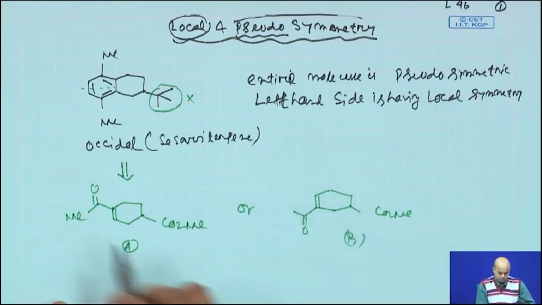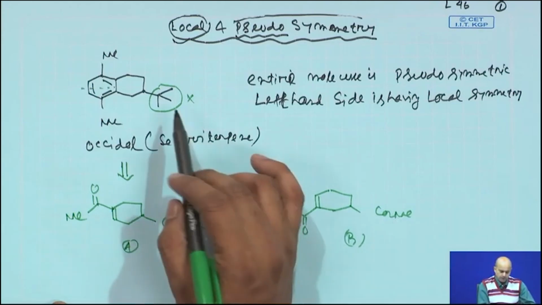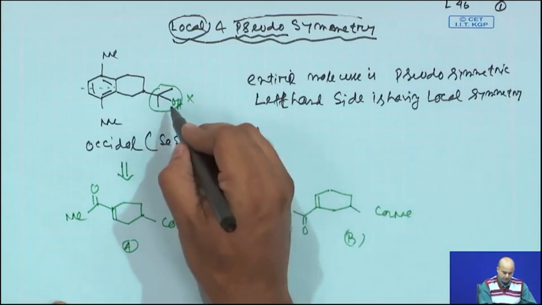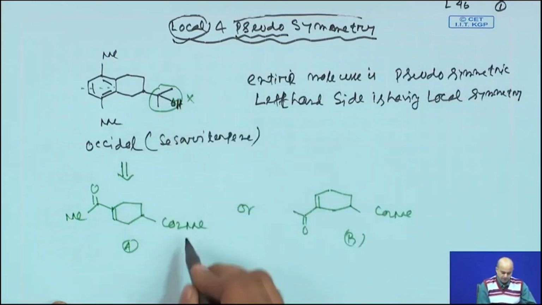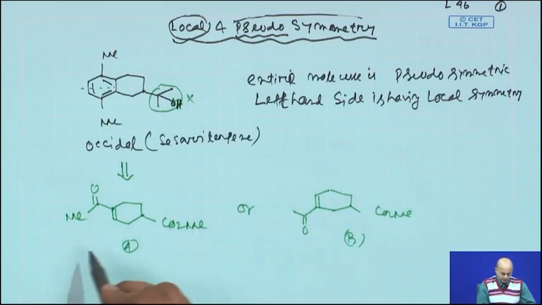Now, the disconnection says that probably CO2Me and CO2Me will give you this tertiary alcohol, because finally you need alcohol functionality here. So if you react the ester with excess methyl Grignard reagent, you get the alcohol. Now, we see compounds A and B, both of which are proposed as intermediates that can lead to this compound.